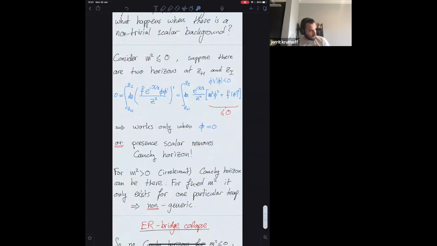I think when the mass square is positive, solving the equations of motion, requiring that there are two zeros in the function f, basically amounted to solving a certain Sturm-Liouville problem. And that gave you a discrete set of eigenvalues. And then from that, you could deduce that only for certain special temperatures, for a given mass square, a Cauchy horizon could exist.